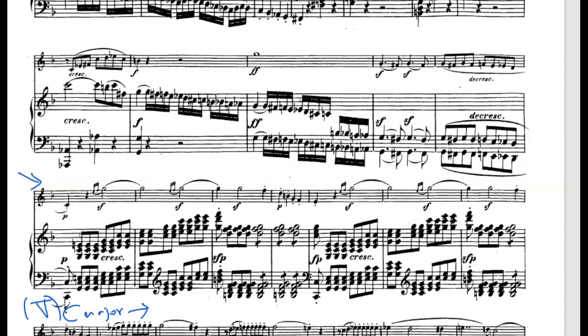So this is the beginning of second theme area. And if you hear the music, you'll find it. You'll notice, oh, this is definitely the second theme. This is the important section because it's bold and strong. And as opposed to the first theme, this second theme is very energetic. All right, so it sounds like.